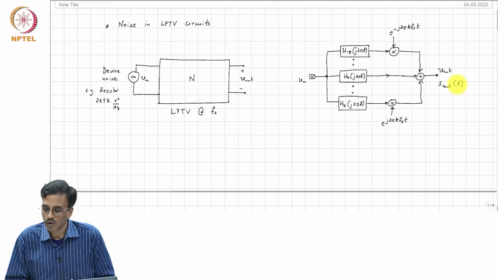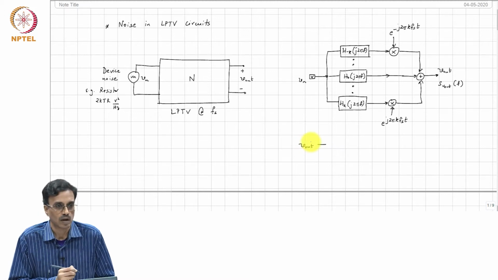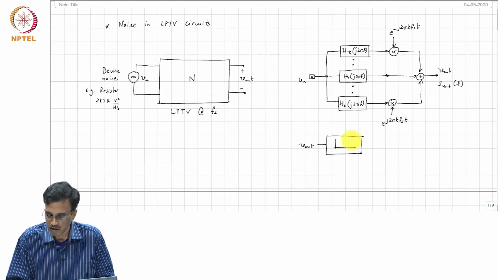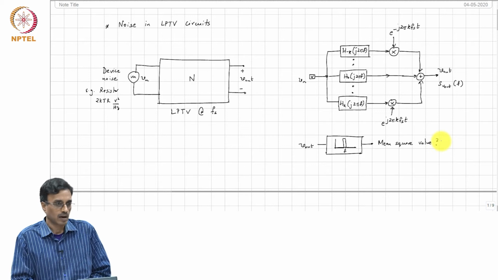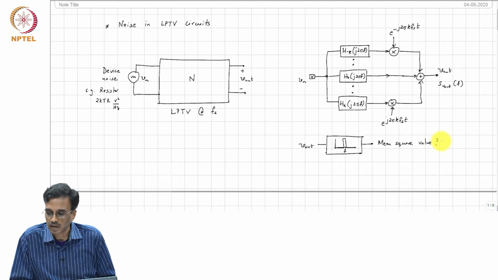In other words, we basically take V out, pass it through a narrow band filter centered at some frequency f, and we measure the mean square value.